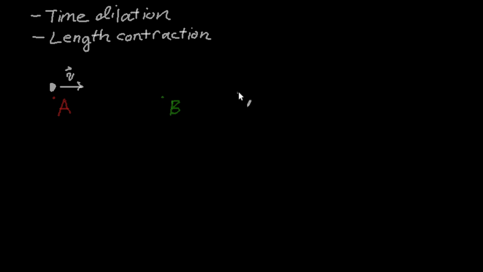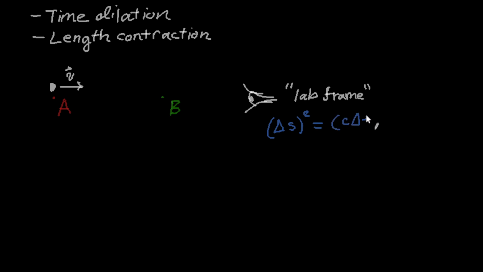So we can analyze these events from the point of view of an observer who's apparently stationary relative to points A and B in space. And this is what is known as the lab frame. We can write the spacetime interval, or the invariant interval, between these two events. That's delta s squared equals c delta t squared minus delta x squared.